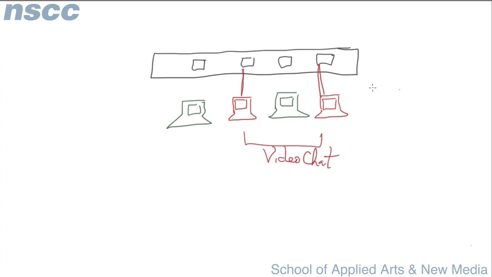Each video chat requires 10 megabits per second to transmit, so the switch is capable of this in each of these ports. And let's suppose the green PCs are having a video chat between themselves.